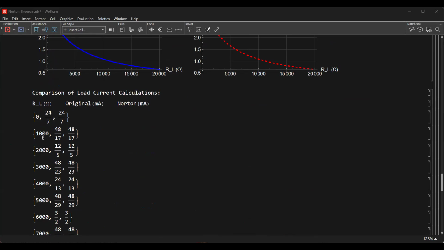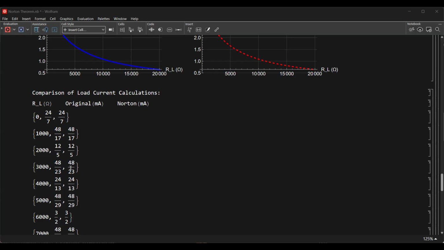If RL is equal to 1000, the current from the original circuit is 48 over 17, and from the Norton circuit, this is also 48 over 17. If RL is equal to 2000, the load current from the original circuit is 48 over 23, and from the Norton circuit, that is also 48 over 23.